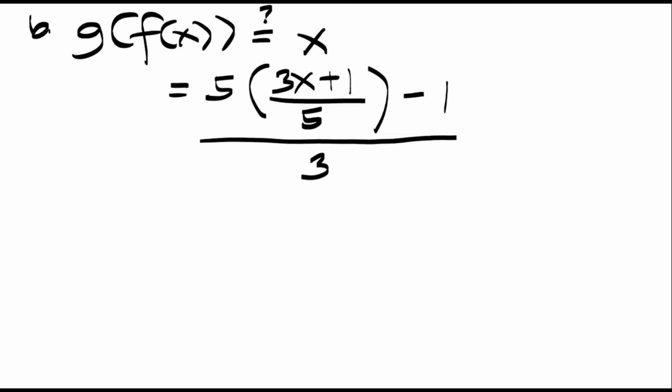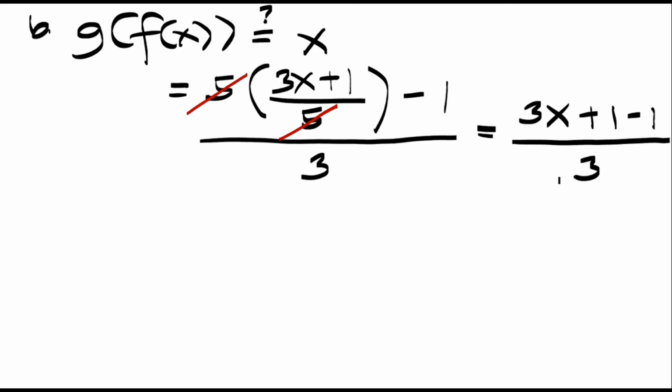So again, simplifying this expression, here we can cancel out 5. That will leave us 3x plus 1 minus 1 all over 3.